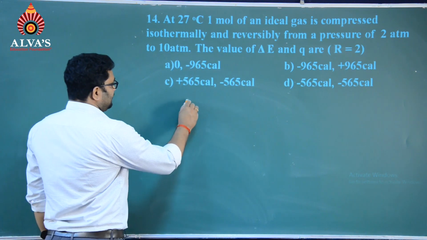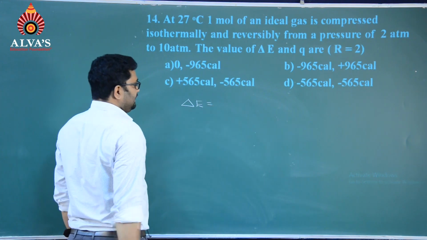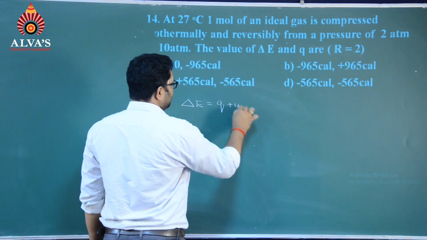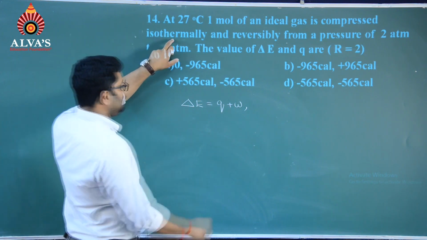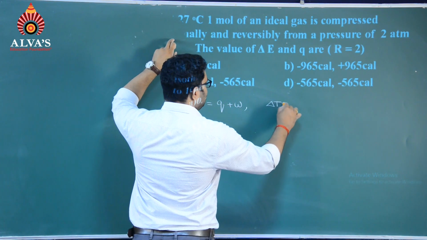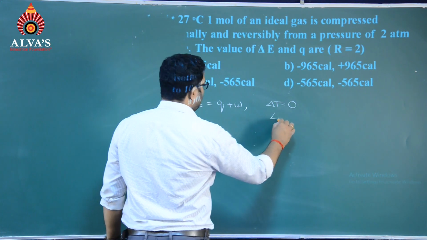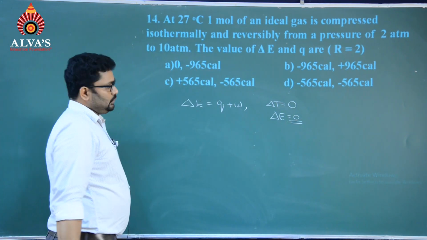Now students, from first law of thermodynamics, we have one equation, that is internal energy change is nothing but Q plus W. Now the condition for this problem is isothermal. Isothermal means delta T is equal to 0. When temperature remains constant, its internal energy change is also 0.